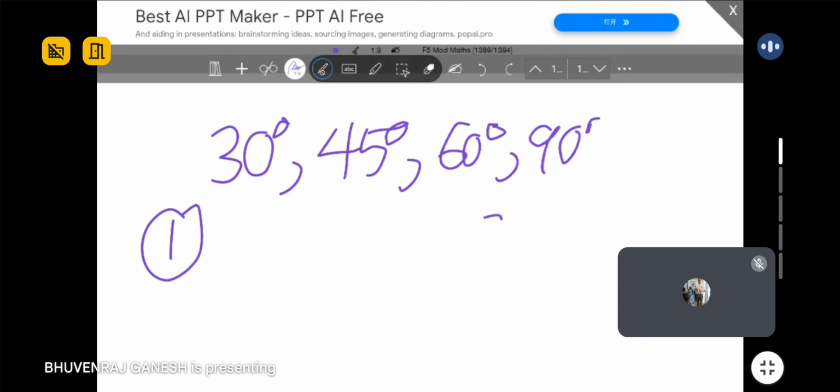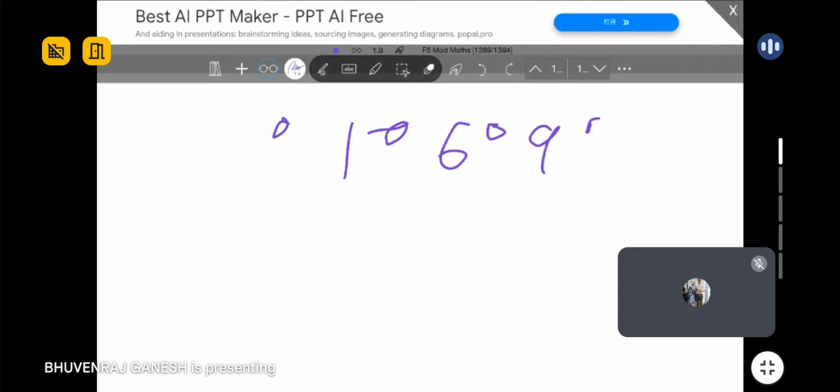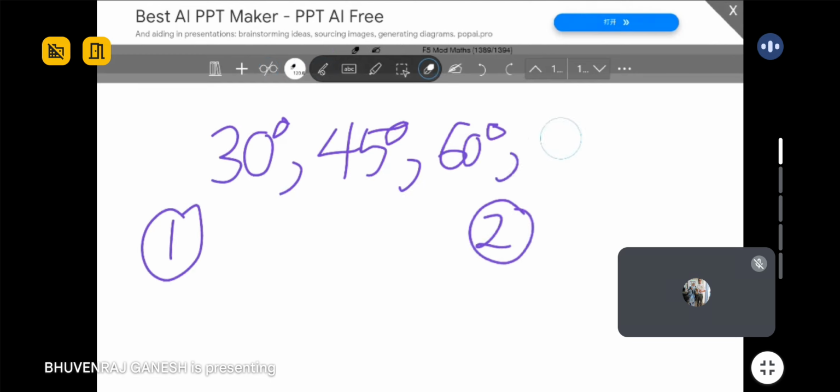First triangle, second triangle. Okay, so first triangle, why it all go off? Wait, never mind. Okay, so basically, first triangle is a right angle triangle. Okay, segitiga bersudut tegak. Okay, so guys, these two angles, they are same with each other.